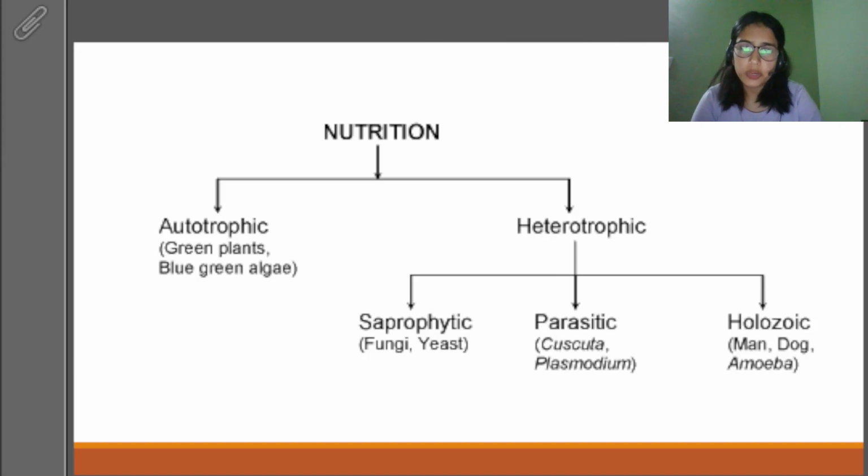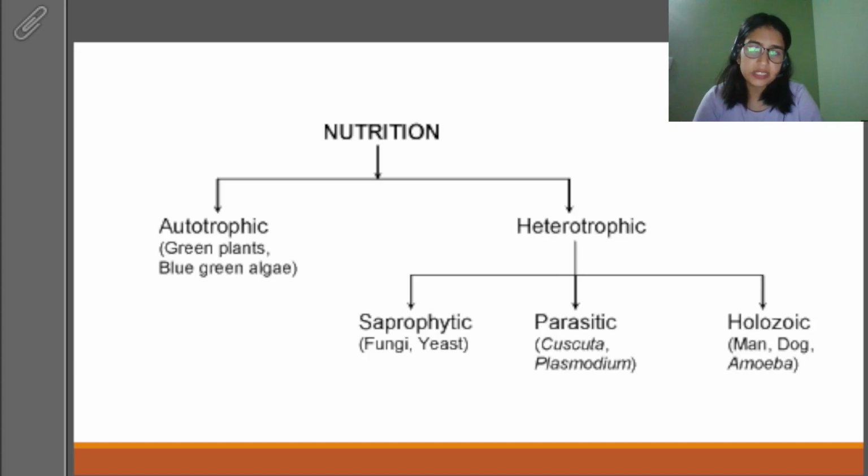If we talk about nutrition, we have discussed the autotrophic mode of nutrition and the heterotrophic mode of nutrition, and the heterotrophic mode is further divided into 3 types. Those 3 types are saprophytic nutrition, parasitic nutrition, and holozoic nutrition. Organisms undergoing saprophytic nutrition are fungi and yeast.